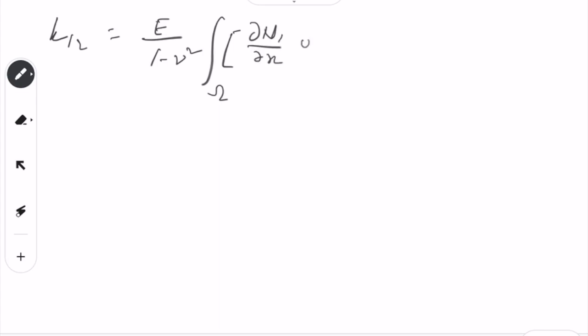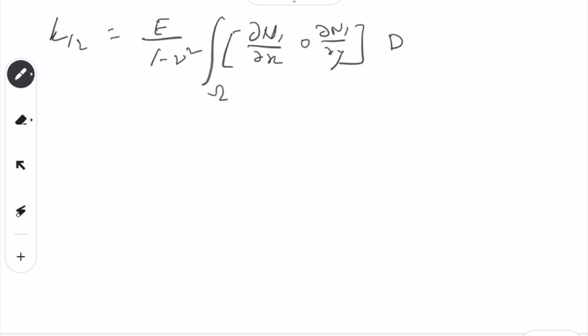So, k12 will be equal to E over 1 minus nu square times this, and then from one side we can write del N1 over del x, 0, del N1 over del y. So, which is the transpose of the first column of the B matrix, and then we have the D.